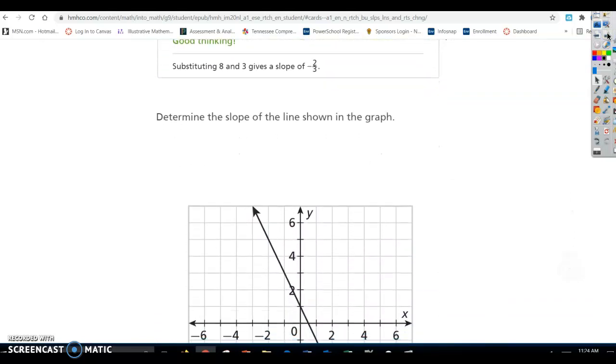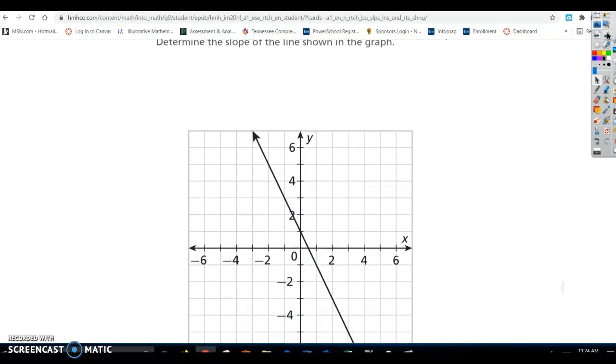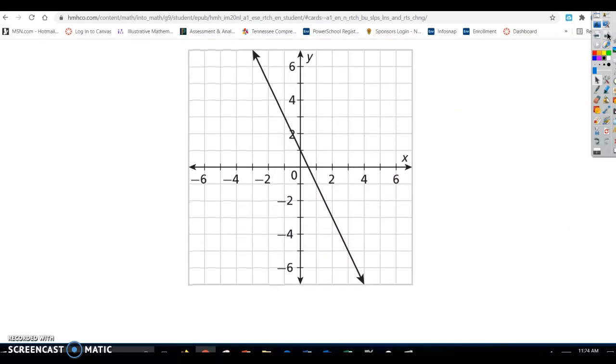Now it says determine the slope of the line shown in the graph. Looking at the graph, we can find certain points on it. All of these dots I'm putting on this line are ordered pairs. This one would be -2, 5.